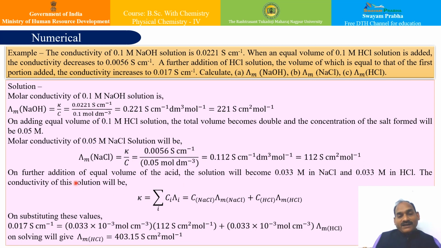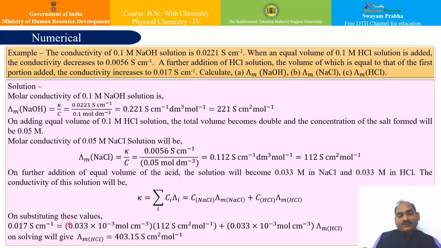Now on further addition of an equal volume of the acid, the solution will become 0.033 molar in NaCl and 0.033 molar in HCl, because it is the third part of the overall solution. The conductivity of this solution will be given by the summation over i of Ci into lambda i: concentration of NaCl into molar conductivity of NaCl plus concentration of HCl into molar conductivity of HCl.